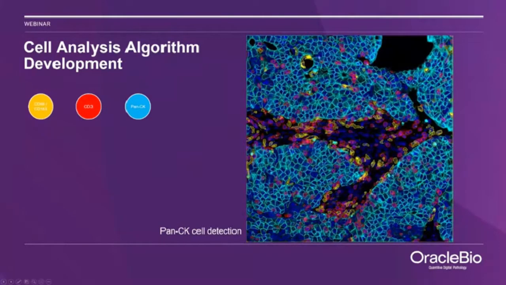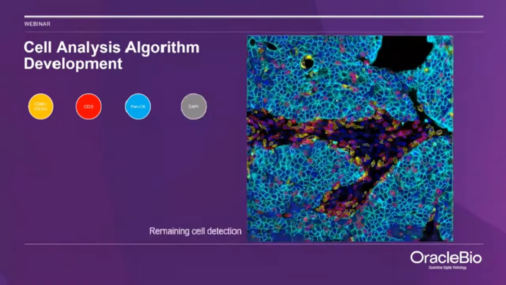What you can see, although the tumor cells are being formed, we are still retaining the macrophages and the immune cells present in the stroma, but also in the tumor itself throughout the tumor microenvironment. And then finally, the remaining cells where there's DAPI positive stained cells, they are picked up as the remaining cells using the DAPI layer to identify those cells.